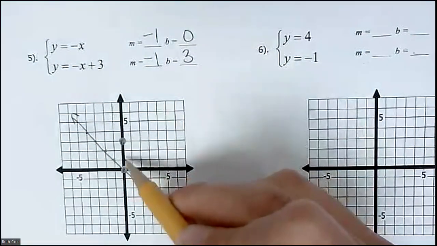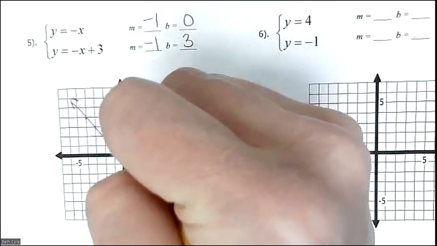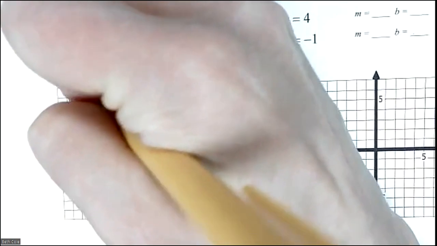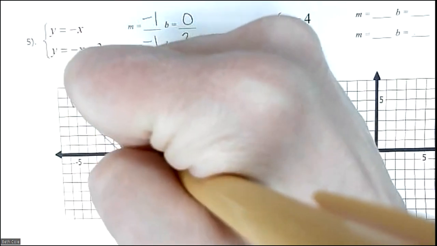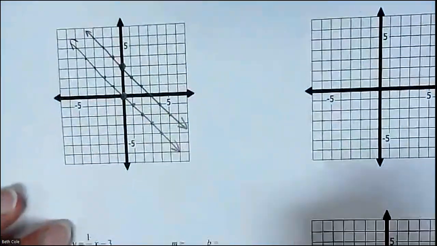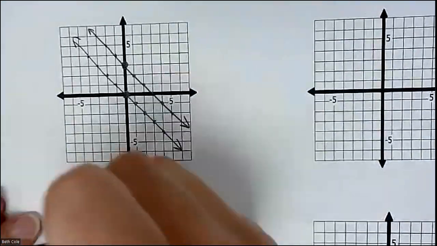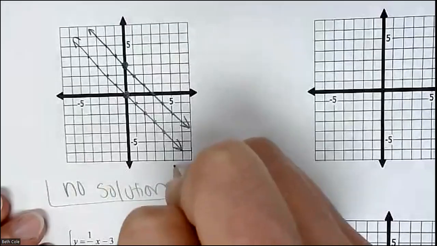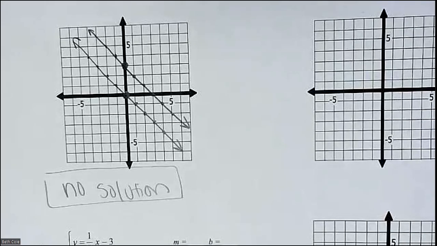Go up 3, 1, 2, 3, and then go down 1, right 1. And you will see that they are parallel. And I heard somebody say it already, but that means our answer to the whole thing is no solution because they don't intersect. You just don't get an answer because they're parallel.